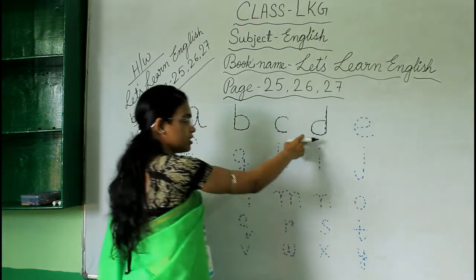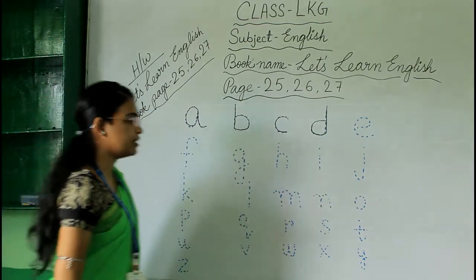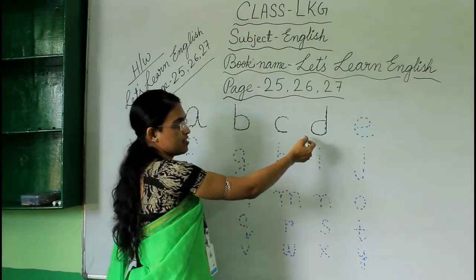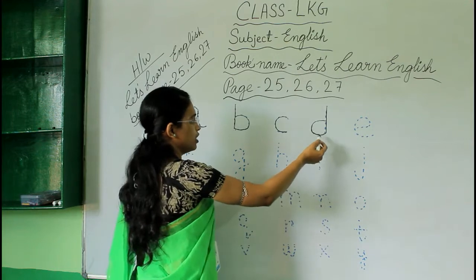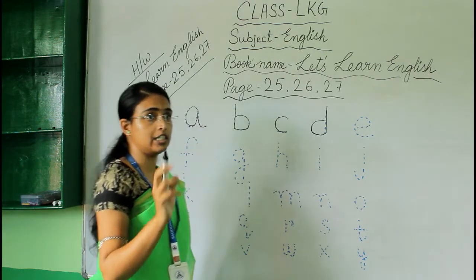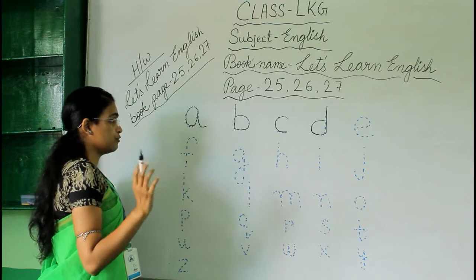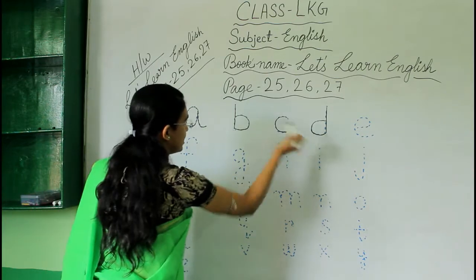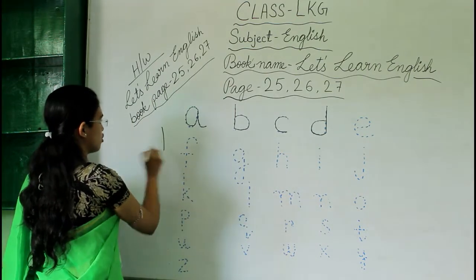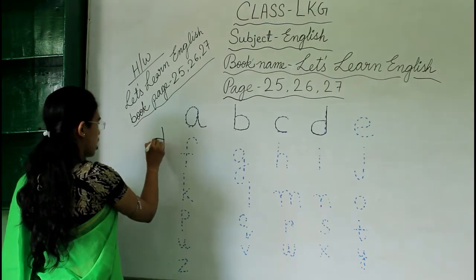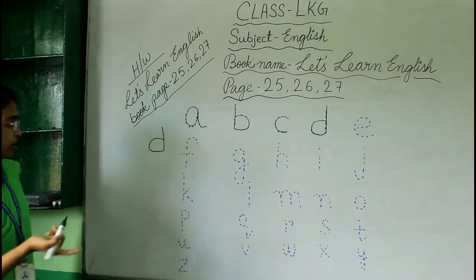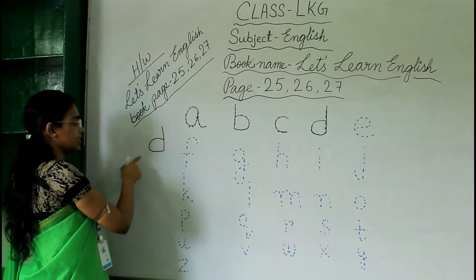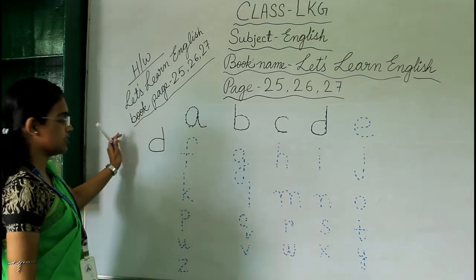But in which side you have to draw curved line? Yes, in left side. When you will write small letter D, don't be confused. First draw a straight line, then draw a curved line. But in which direction? Or in which side? Yes, in your left hand side, okay?